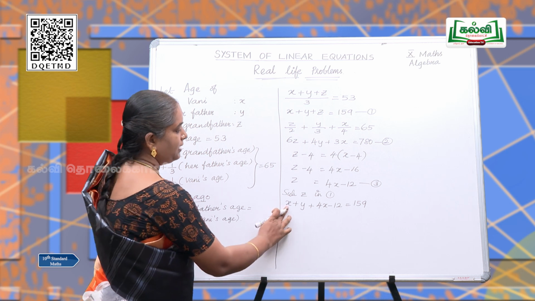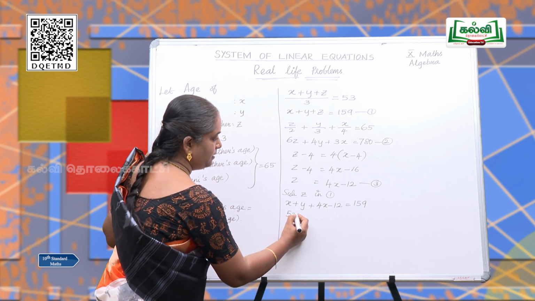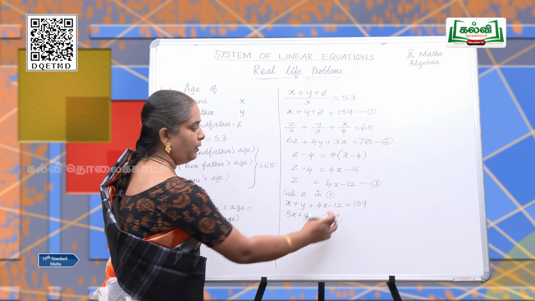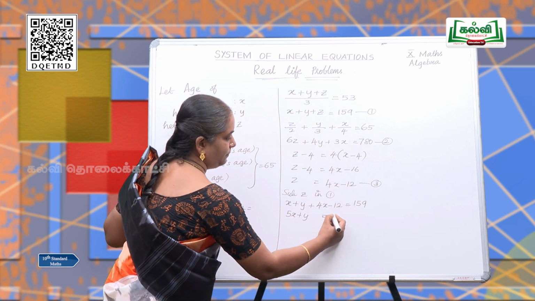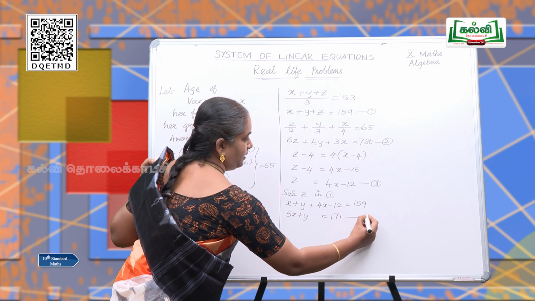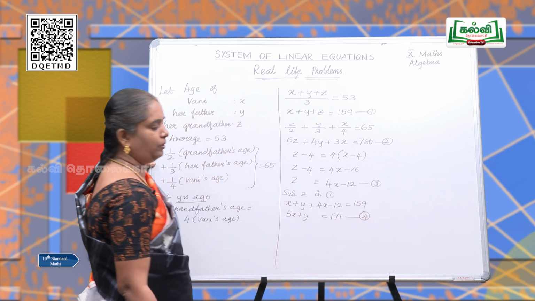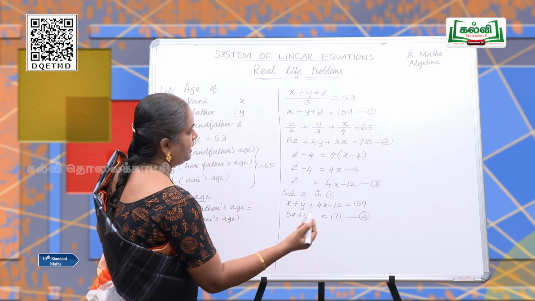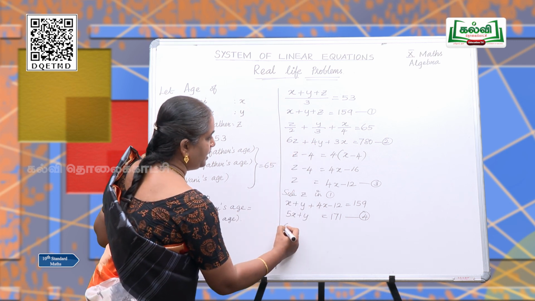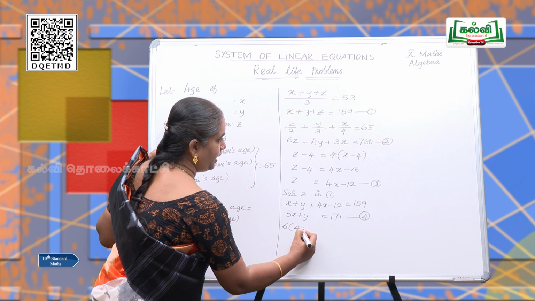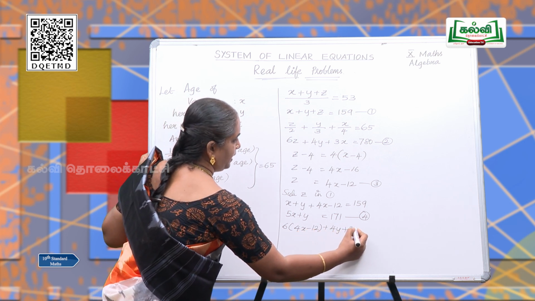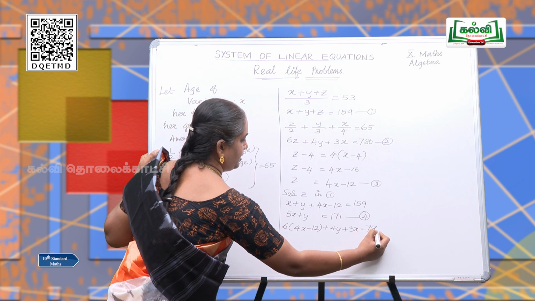So, simplifying here we get 5x plus y is equal to 159 plus 12, so 171. This may be taken as our fourth equation. Substitute Z in the second to get the fifth equation. So, 6 into Z is 4x minus 12, plus 4y plus 3x is equal to 780.